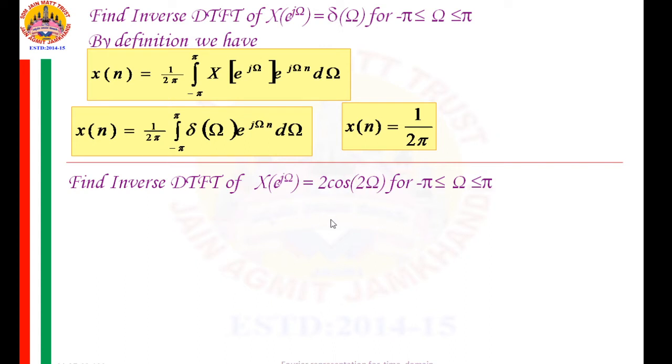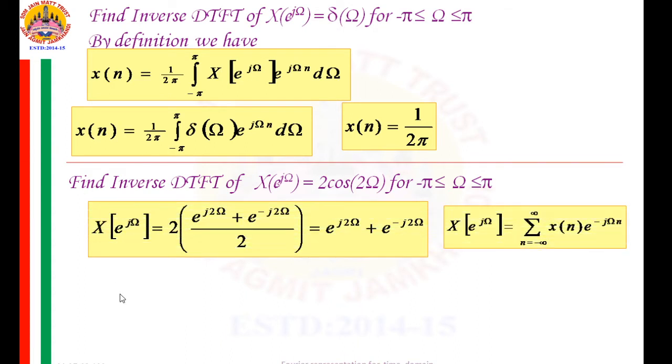If such a cosine or sinusoidal signal is given, then we need not substitute that in this expression of IDTFT. Whereas what we can do is express this x of e raised to j ohm in exponential form, and you know that x of e raised to j ohm is an infinite duration exponential series.